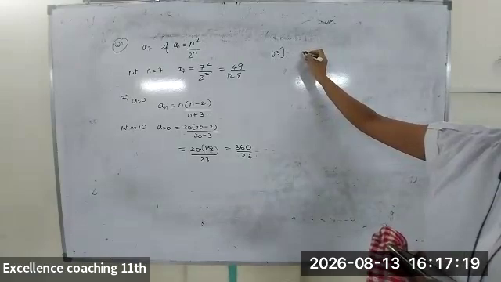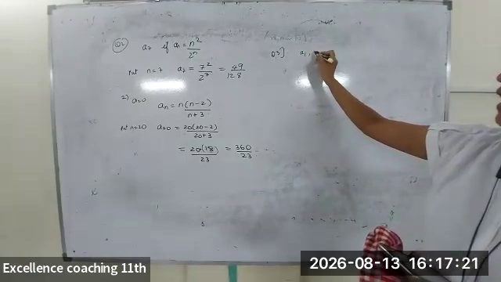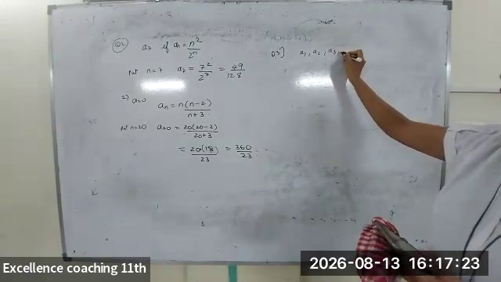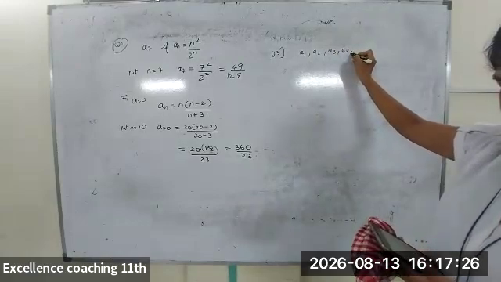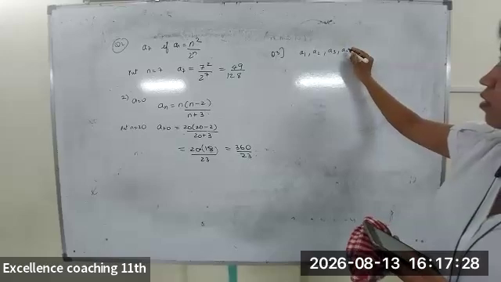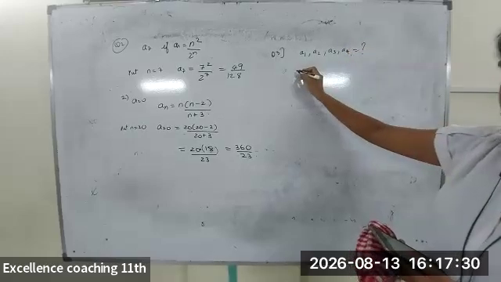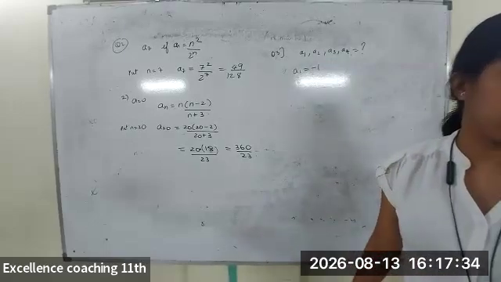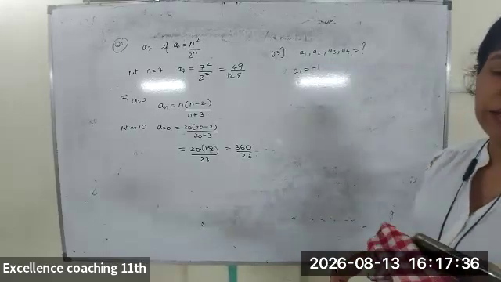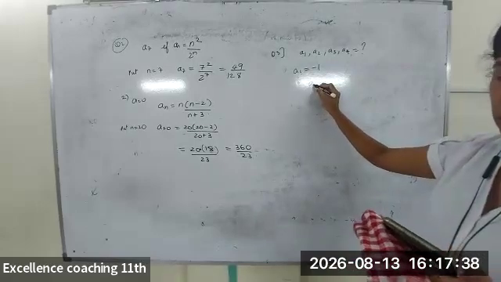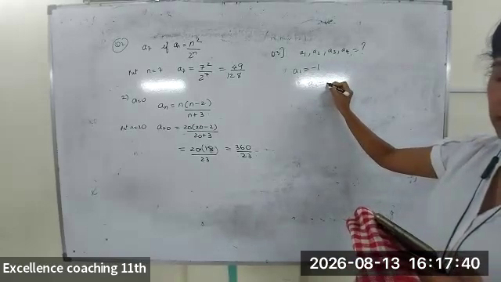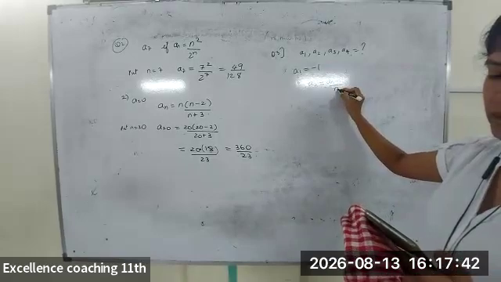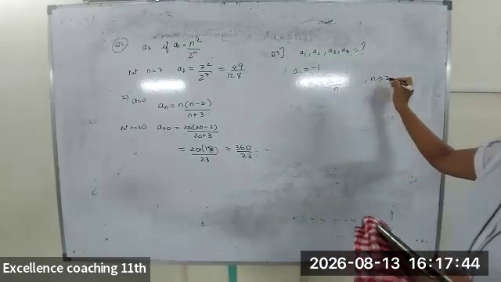Find the first four terms of the sequence. So you have to find A1, A2, A3, A4. A1 is already given as -1. Now we have to find the remaining ones. N is greater than or equal to 2.